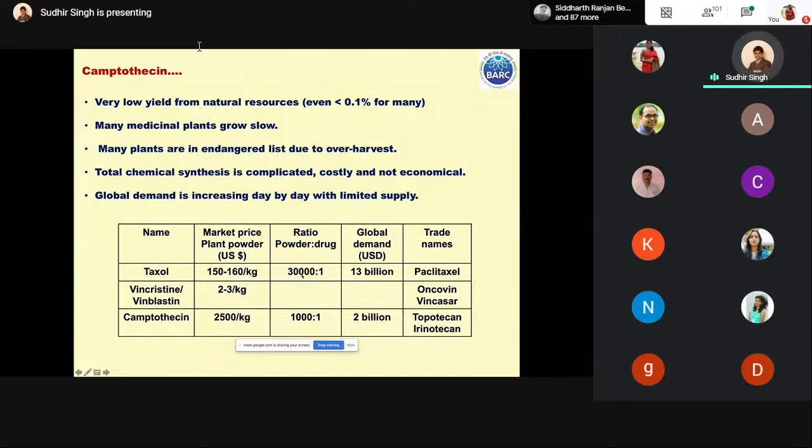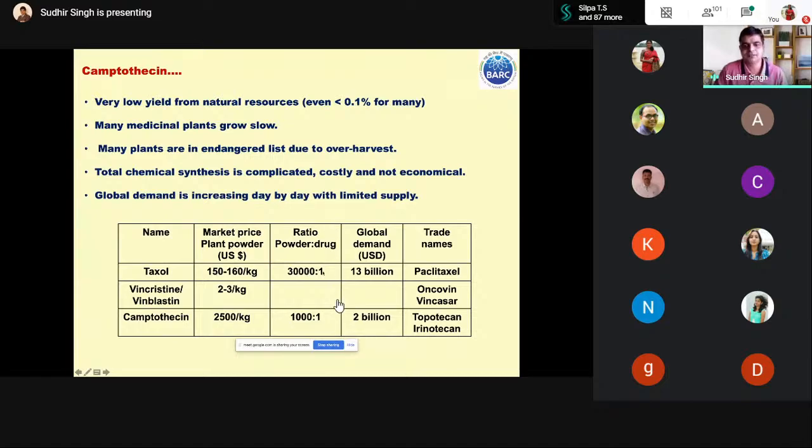And what is the ratio of this compound? If you have 30,000 kg of this powder purified from this plant, you will end up with 1 kg of drug. So the ratio is quite low. And global demand is more than 13 billion US dollars. And the drug that is formulated from this compound is paclitaxel, the number one drug in terms of commercial value across anti-cancer compounds.